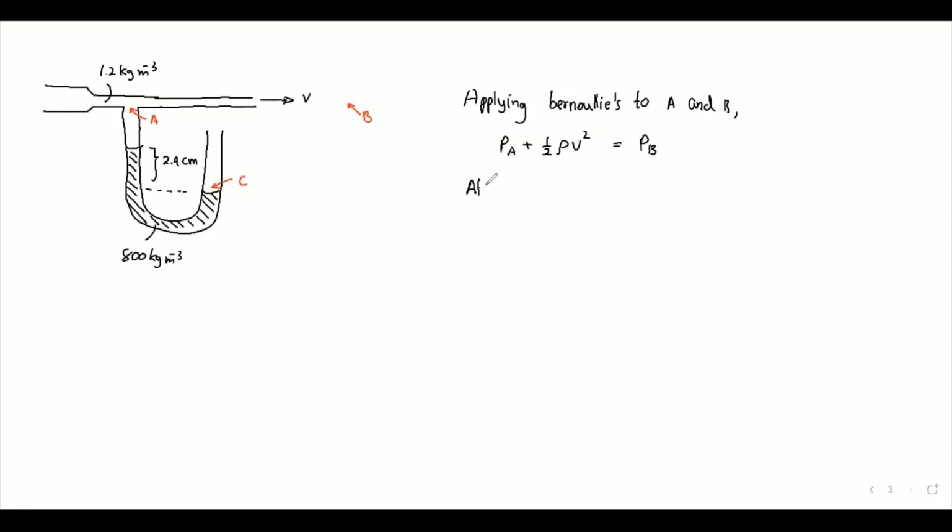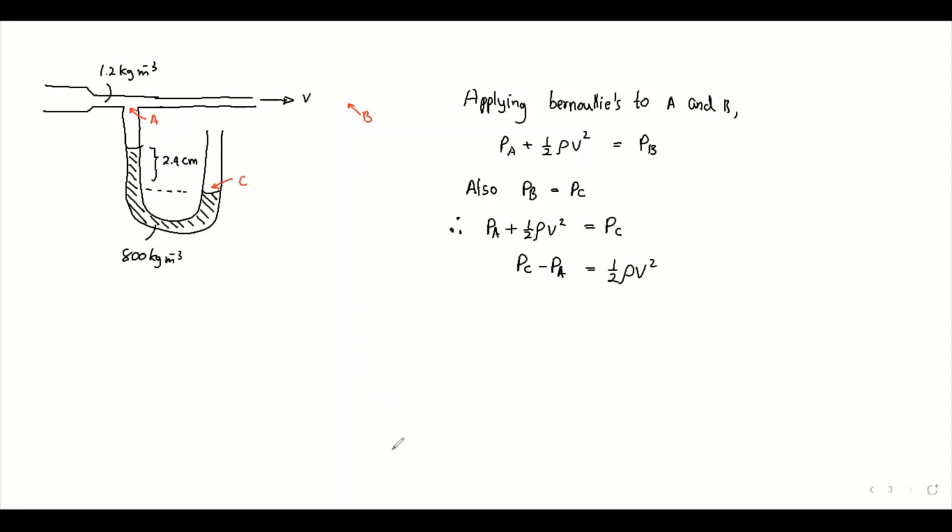So you can say PB is equal to PC. Therefore PA plus half rho V squared is equal to PC. So PC minus PA is equal to half rho V squared.